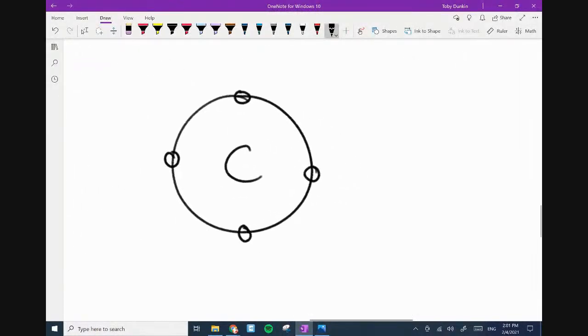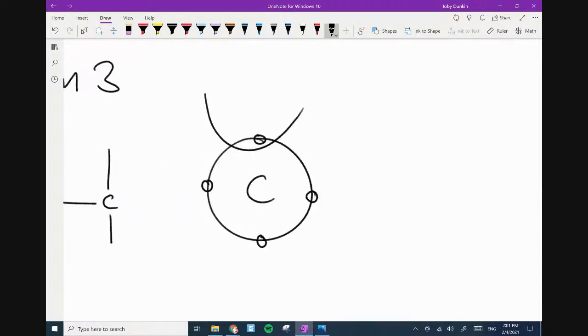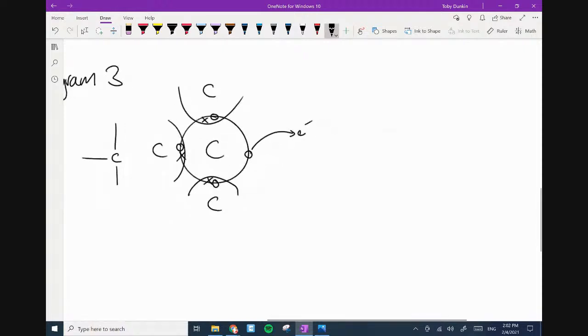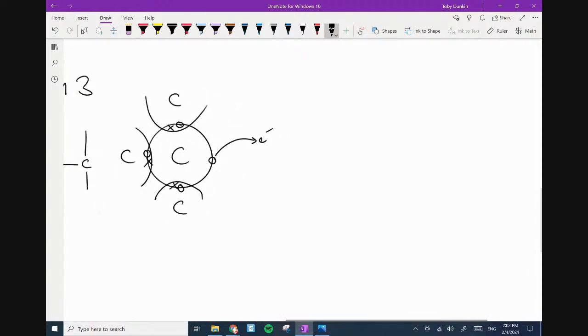And what it does is it will link to 3 other carbons and form, very strangely, 3 covalent bonds, which are incredibly strong. But then it stops. The reason why it stops is because this 4th electron now hops off. So I'm just going to do this like that. There we go. The 4th electron hops off.